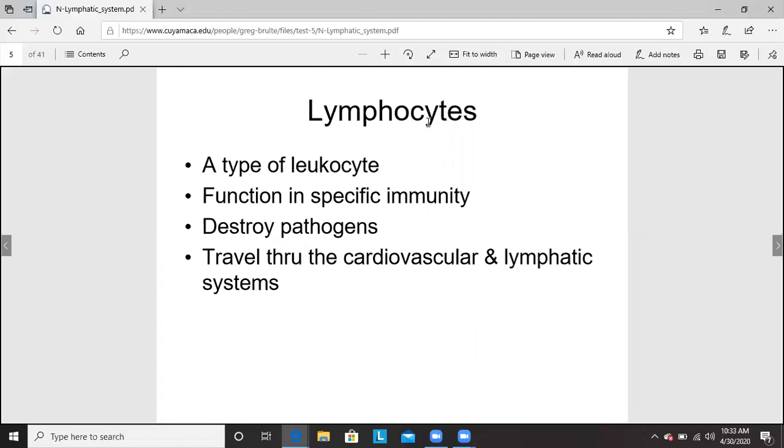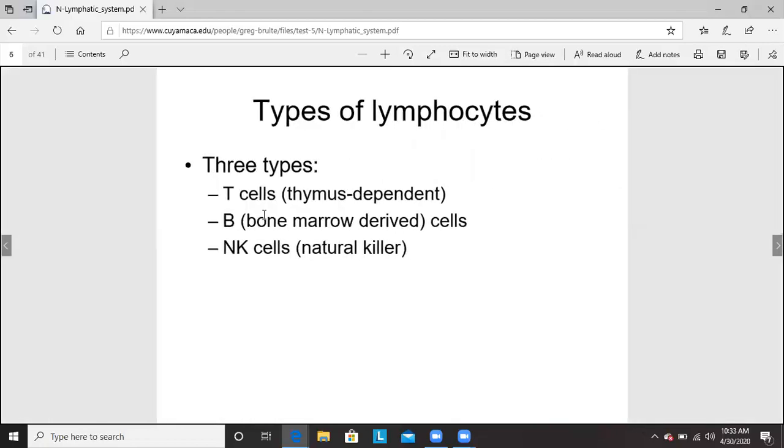Mainly I want you to think antibodies when you see lymphocytes. There are different kinds of lymphocytes that do different things, but mainly think antibodies. They travel through the cardiovascular and lymphatic systems. There are 3 basic types, T cells, B cells, and natural killer cells, and there are actually some subdivisions here.